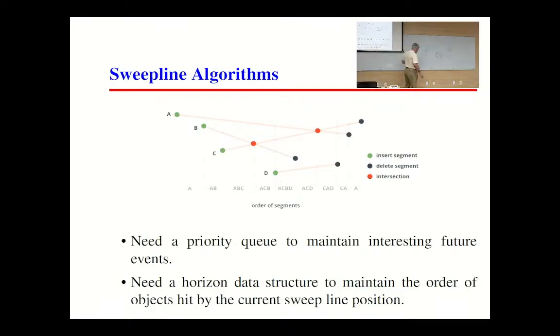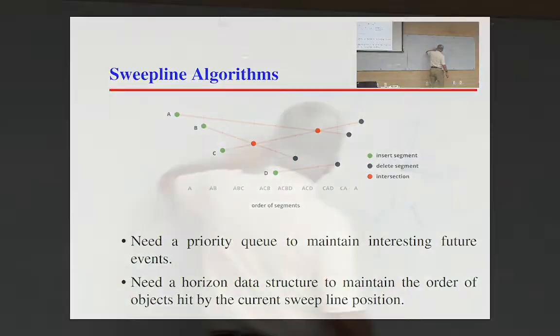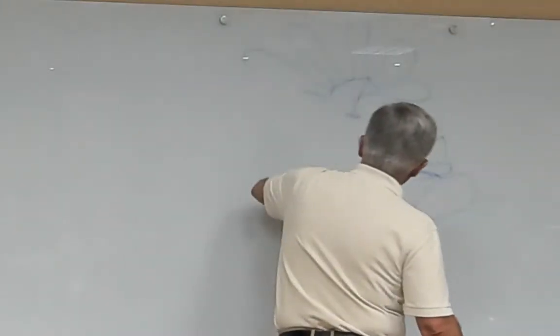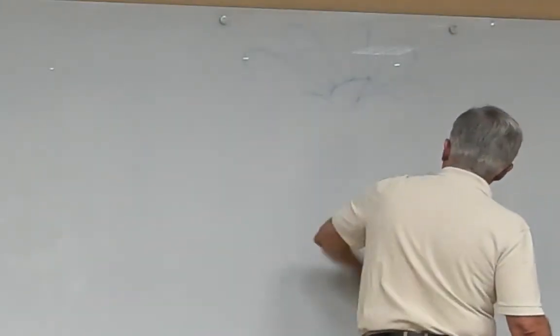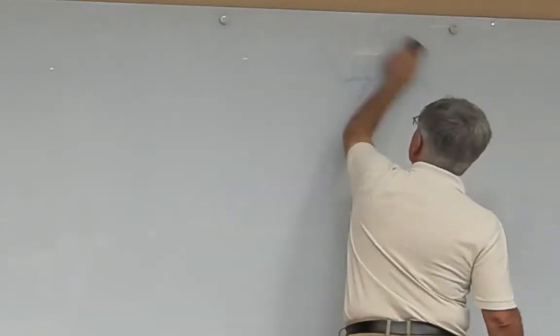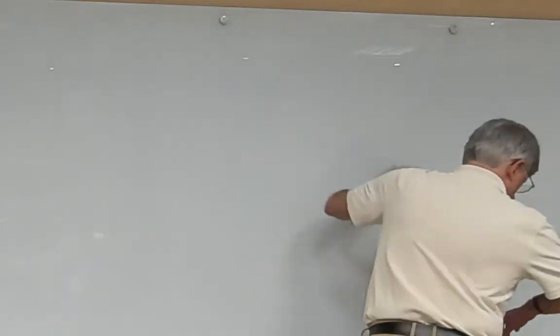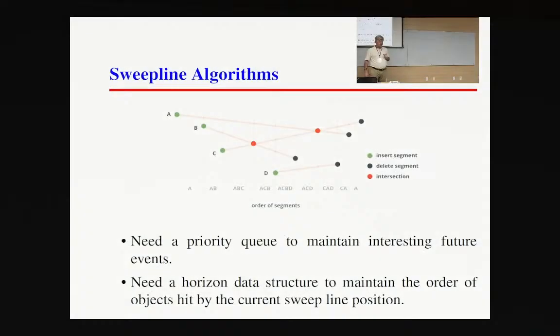What I would like to do now is talk about a class of geometry problems, not a general technique for solving geometry problems, but something you can apply to a lot of different things.